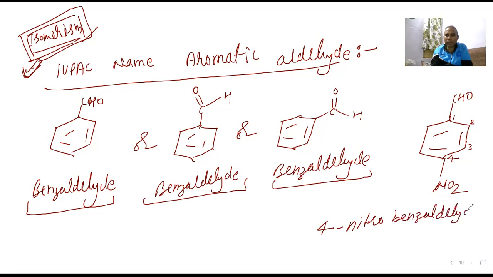One more compound I am giving you, that is the same one. If I change this, CHO is there, and here we are having NO2, here also NO2, and here also NO2. So what can be the name?